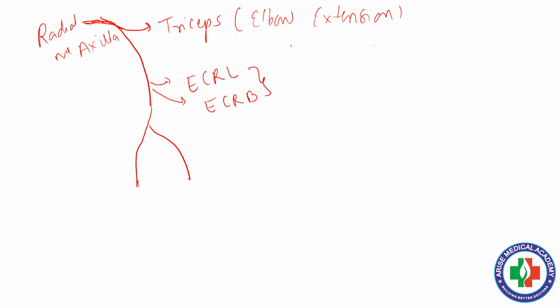These are supplied when it is just crossing the spiral groove, and these are responsible for wrist extension.